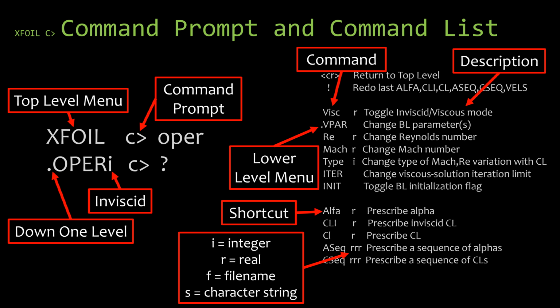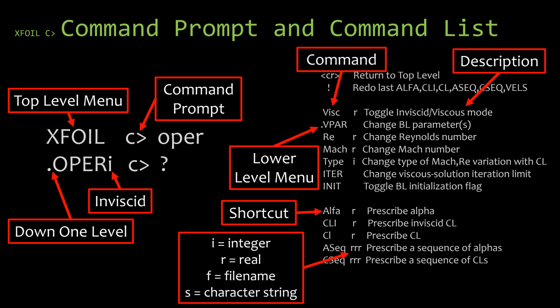As you can see to the left of the command prompt on the second line, you'll see the name OPER, and this is telling me that I am now currently in the OPER menu. I'm no longer in the top level Xfoil, I'm down a level into the OPER menu. So this is going to have different commands or different submenus that I could enter there at the command prompt.